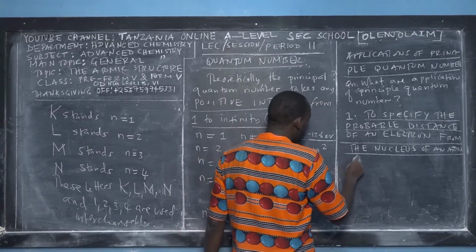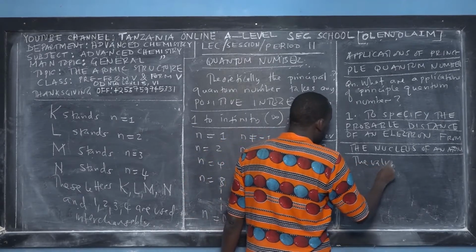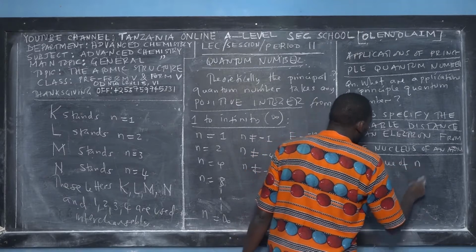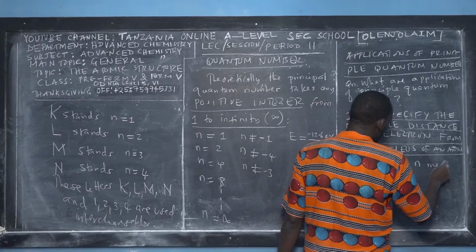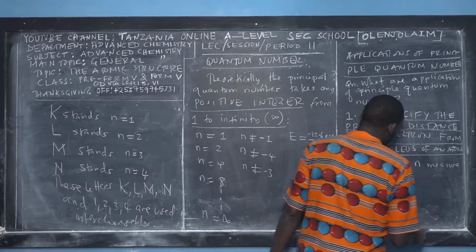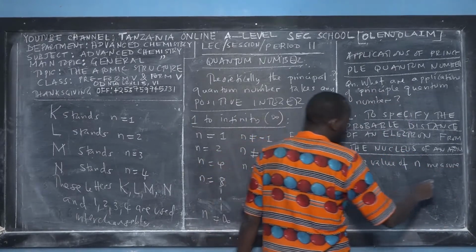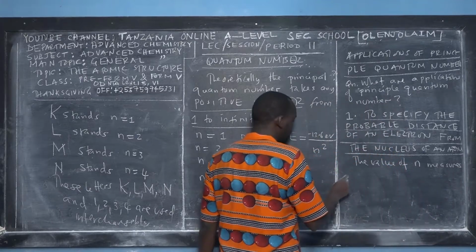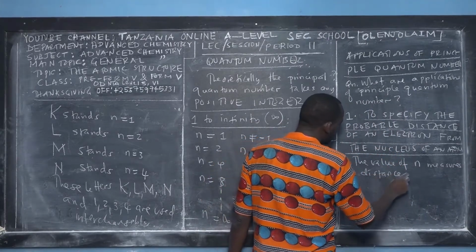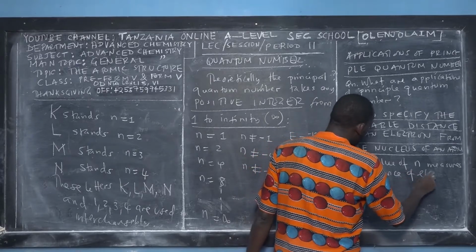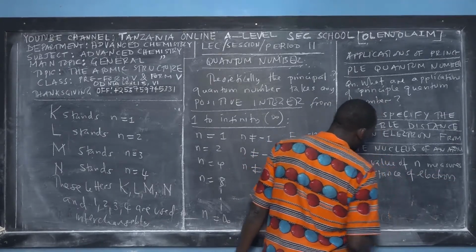So we say that the value of principal quantum number n measures the distance of the electron from what?